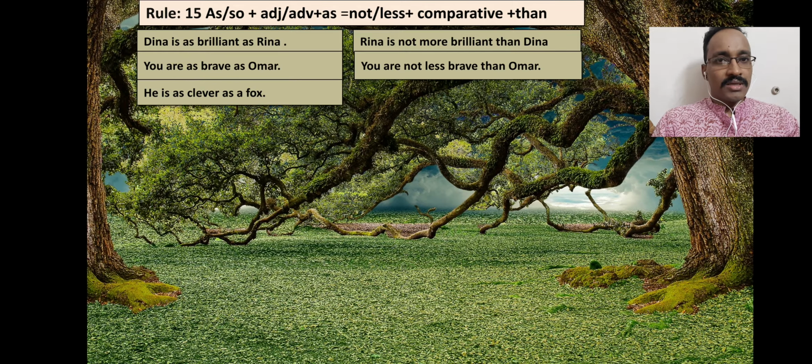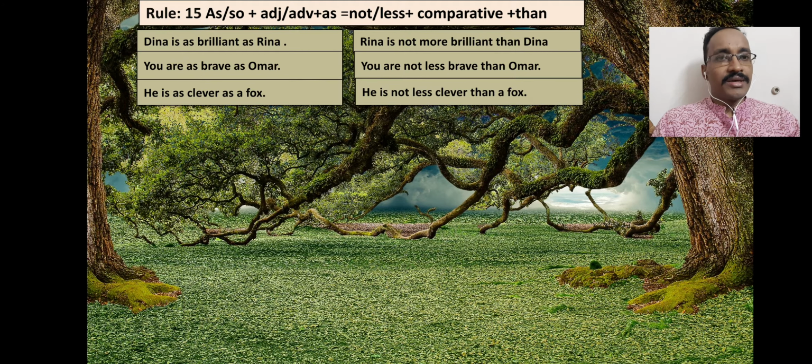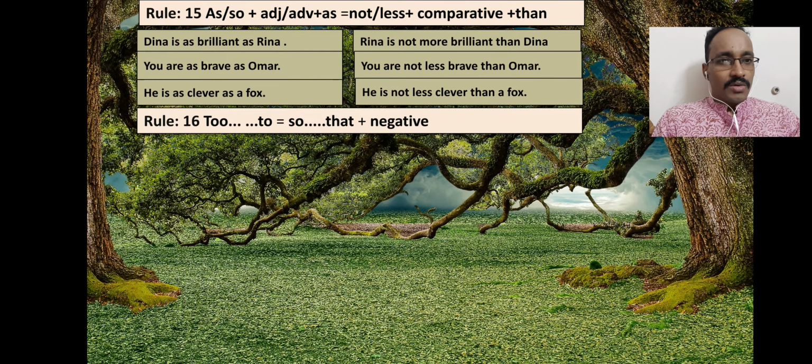You see, he is as clever as a fox. Now the comparative is, he is not less clever than a fox. Okay, hopefully you will practice this type of sentences more.